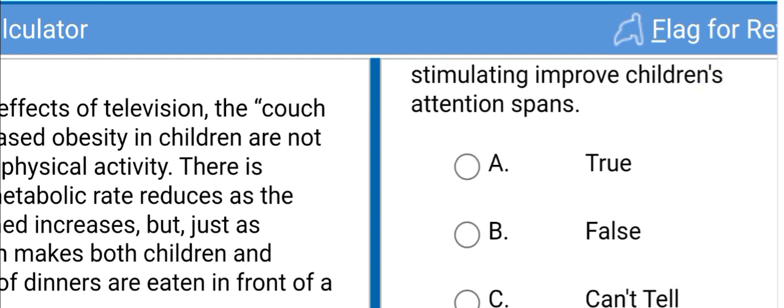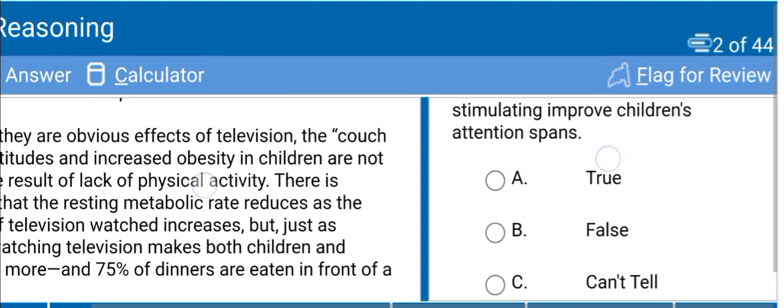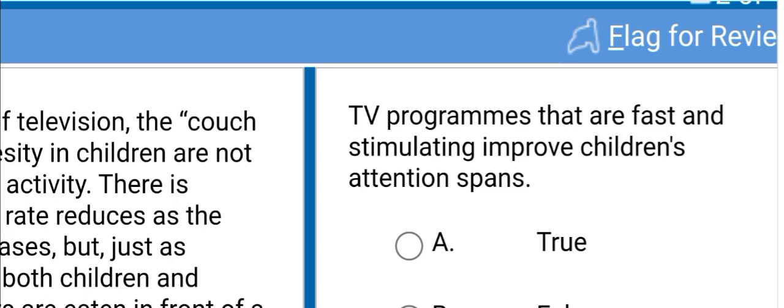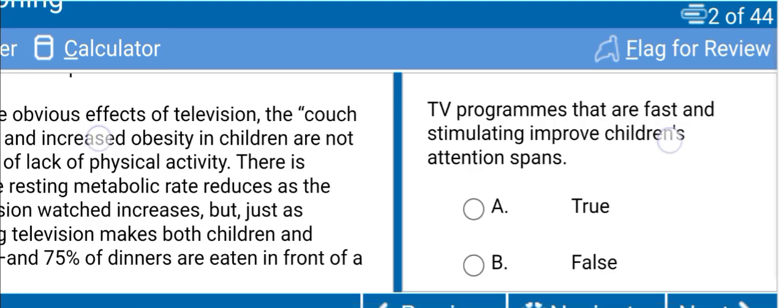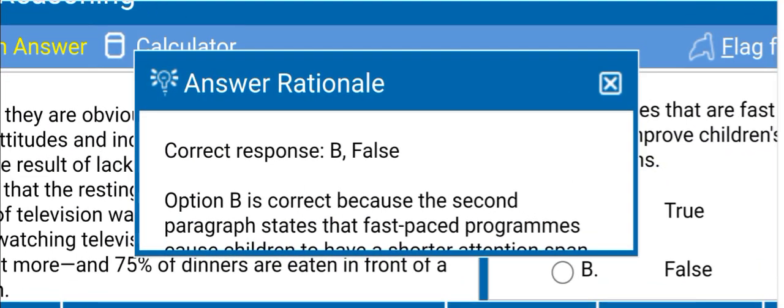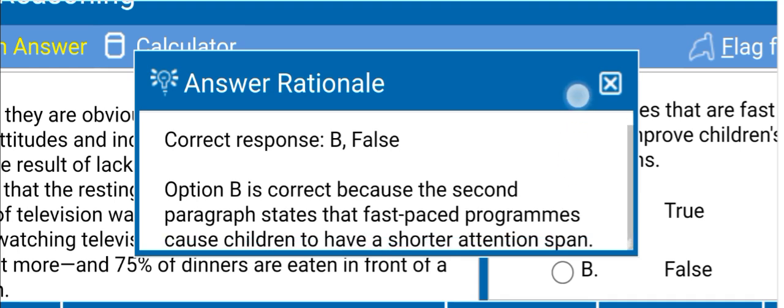Option A, true. Option B, false. Option C, can't tell. Here you can find keywords like children's attention spans and TV programs. The correct response is option B, which is false.